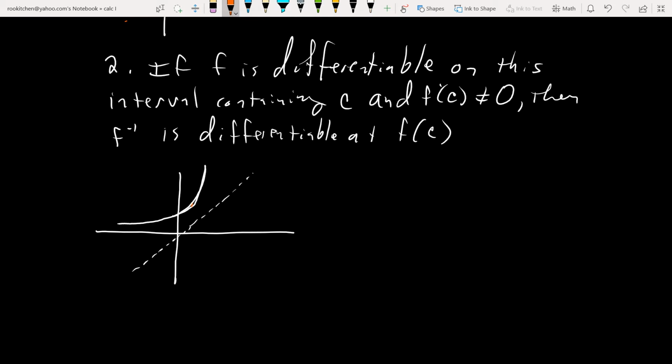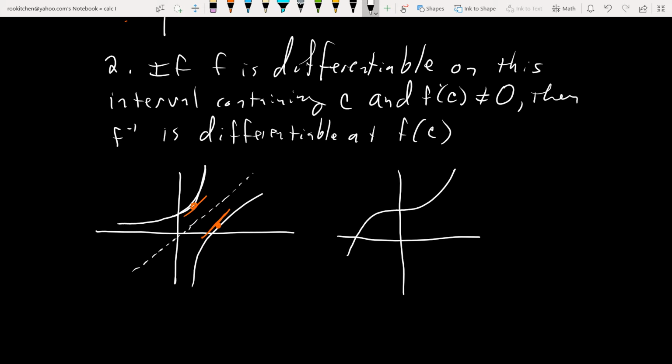So for example, right here, maybe the slope is positive, and then the inverse function, the logarithm, at that corresponding point on the other side here, it too will have a tangent line with a slope. So it stands to reason that you're going to be able to find the derivative at that point.